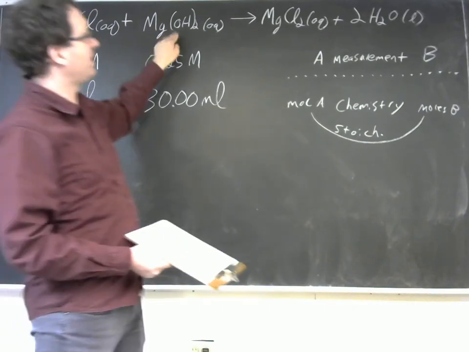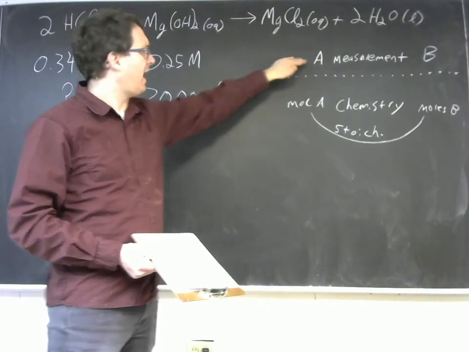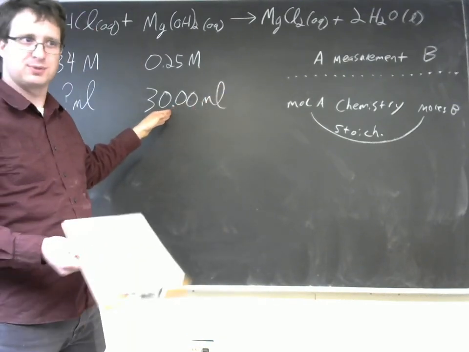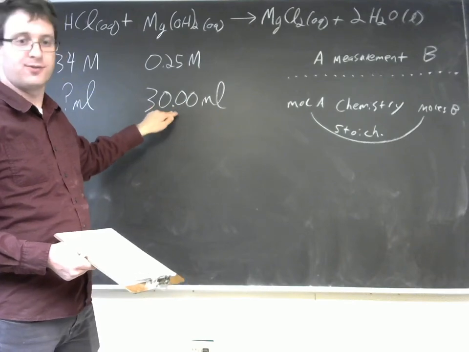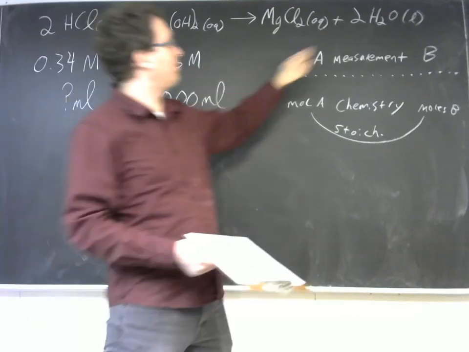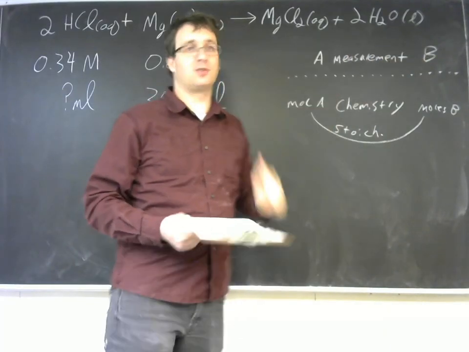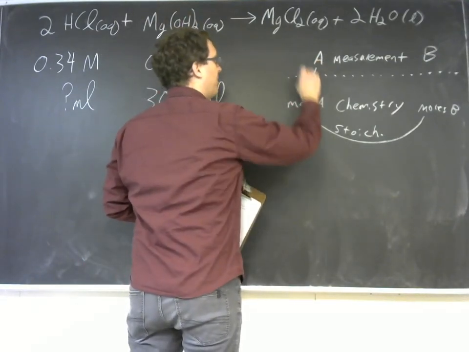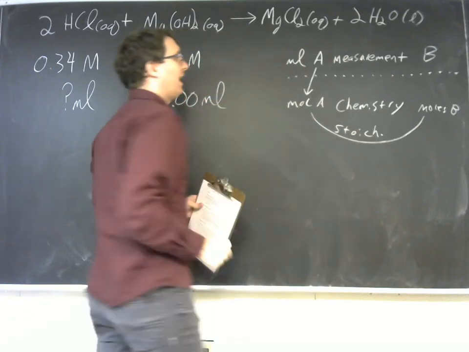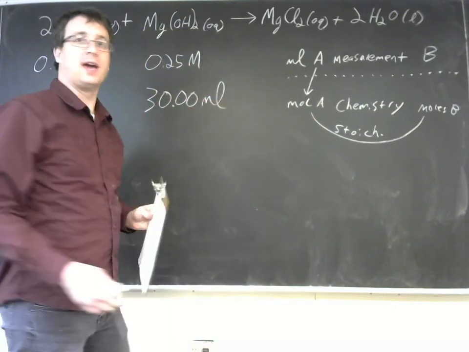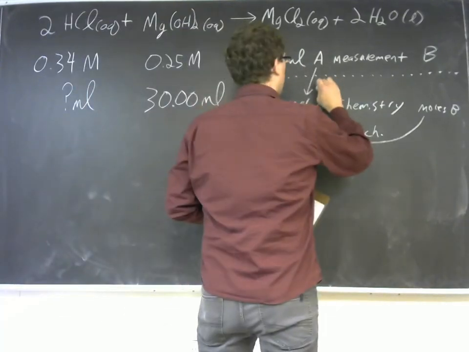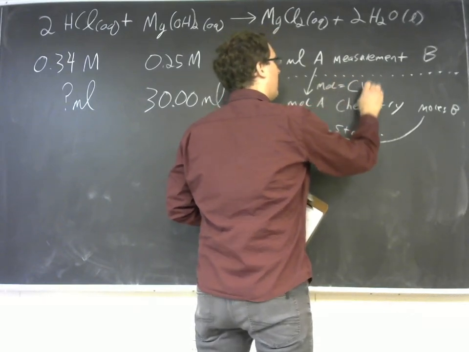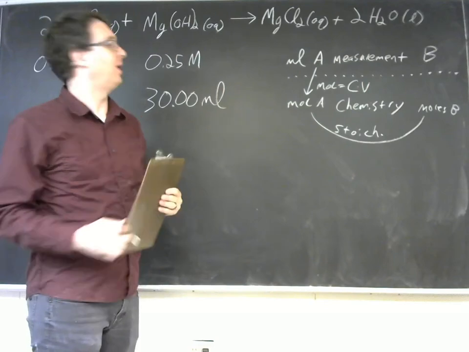Here the magnesium hydroxide is A. Our measurement is 30 milliliters. Instead of grams or something, we're going to use the volume. So how many milliliters of the hydrochloric acid do we need? Well, in order to go from the milliliters of A to the moles of A, we need to know that moles is equal to the concentration times the volume.